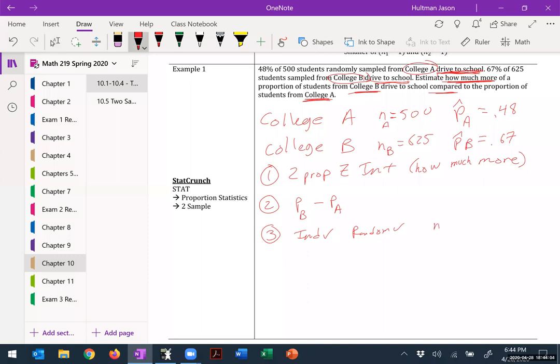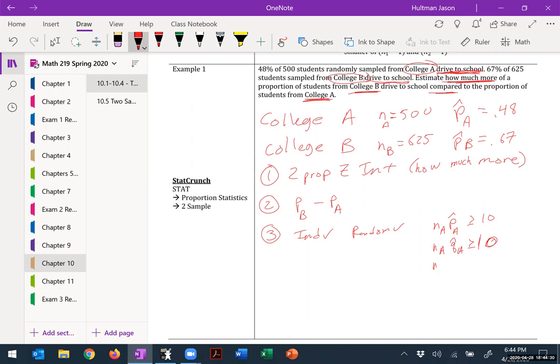Is NA times P hat A, because we don't have P, we just have P hat, greater than or equal to 10? Is NA times Q hat A greater than or equal to 10?